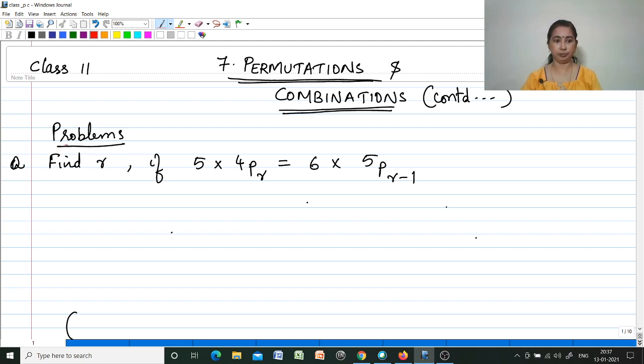First one: find r if 5 into 4Pr is equal to 6 into 5P(r-1). So we have to find what r is.